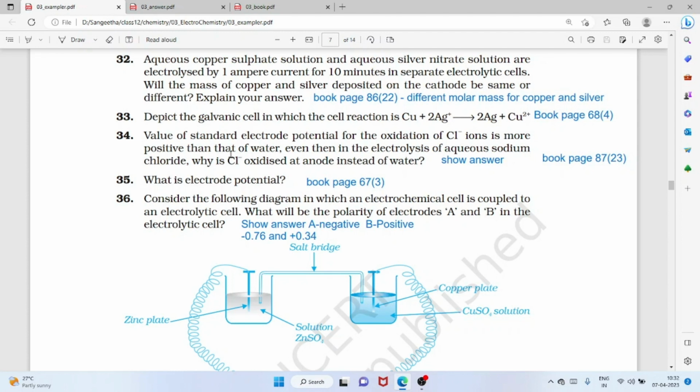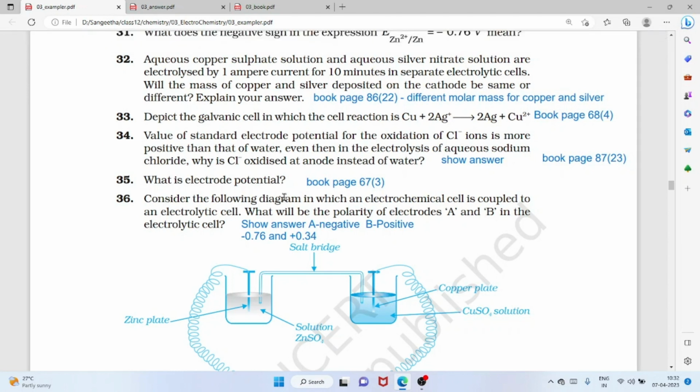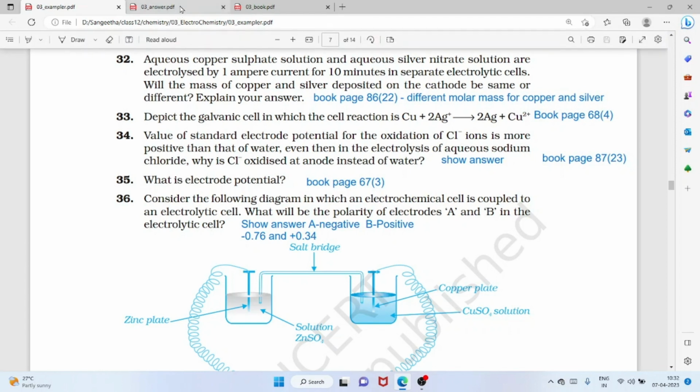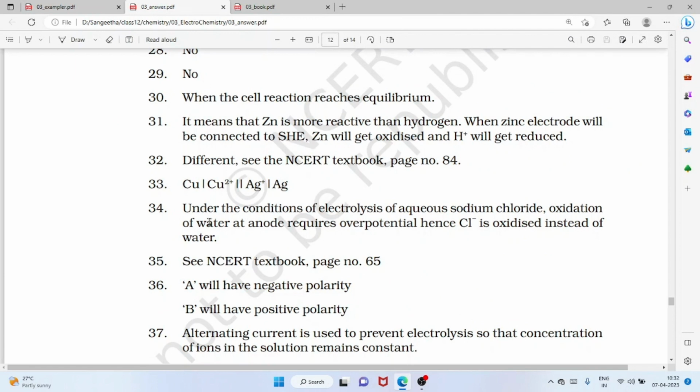The standard electrode potential for oxidation of chloride ions is more positive than that of water. Even then, in the electrolysis of aqueous chloride solution, why is Cl oxidized at the anode? Under the conditions of electrolysis, oxidation of water at the anode requires overpotential.